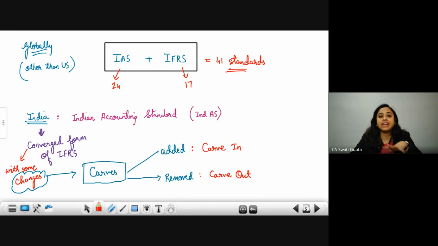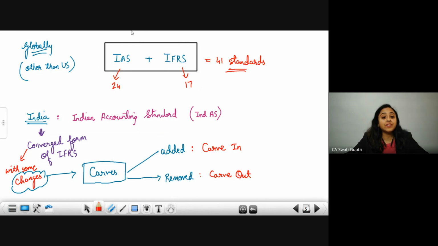Now if we talk about Ind AS, Ind AS only has one list of standards. This means, how do you identify whether it is from IAS or from IFRS? India has only one list of standards, the Indian Accounting Standards known as Ind AS.